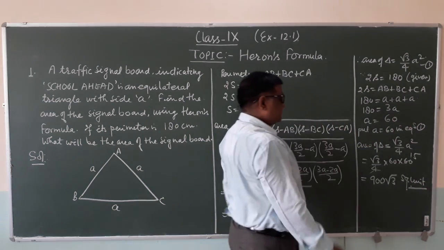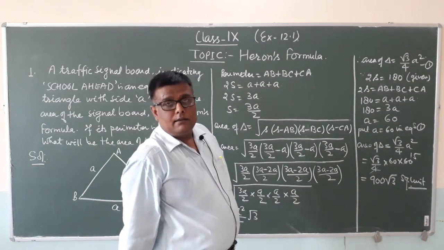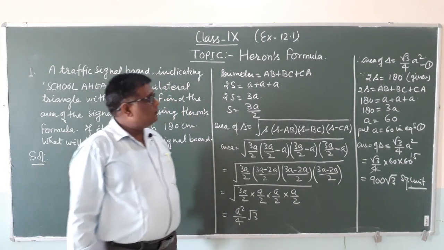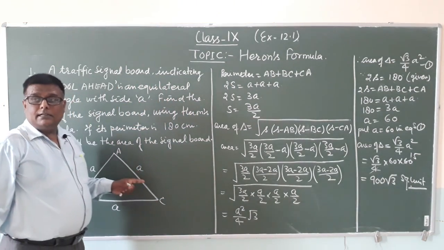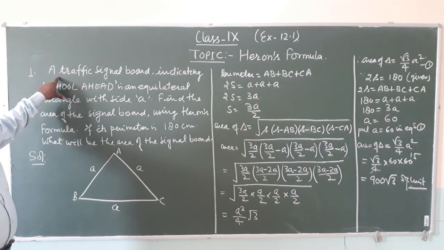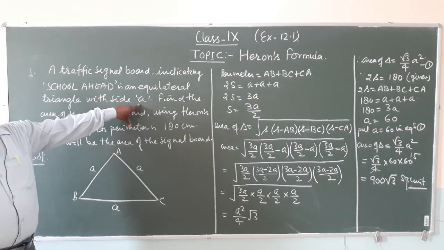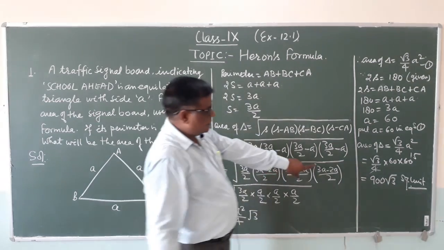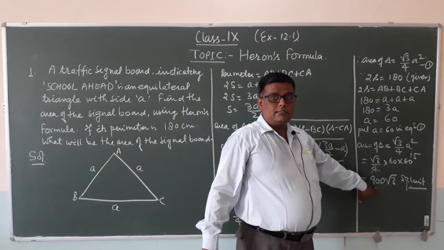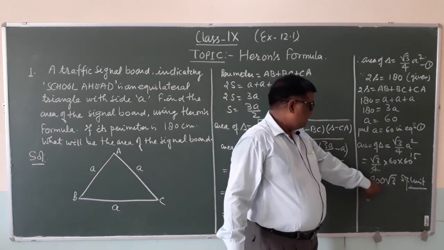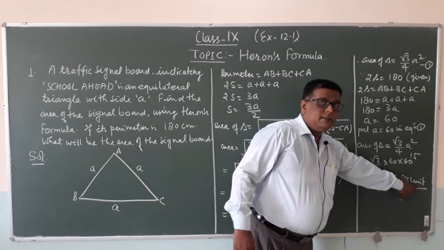This is the area of this triangle. In this question, first of all we have to find A, and then this is our answer: 900 root 3 square unit.